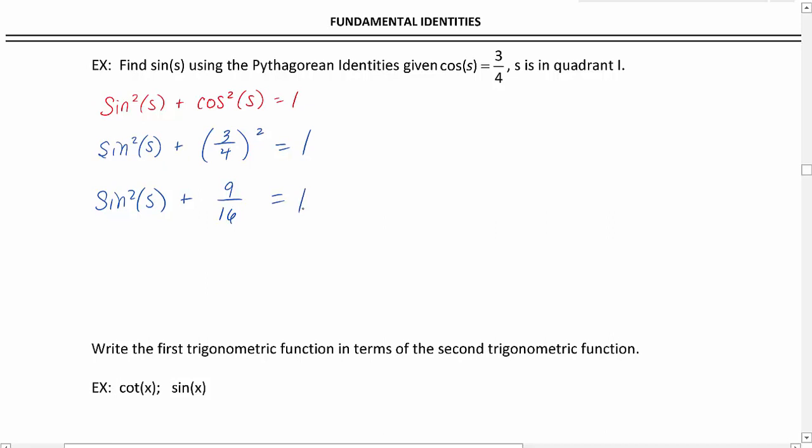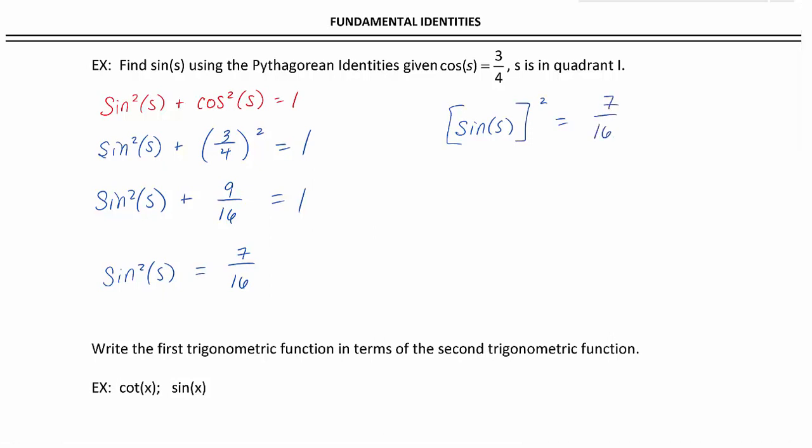Subtracting 9/16 from both sides, we get sine squared s equals 7/16. And as I mentioned with our notation, I'm going to go ahead and change this. This is going to be sine of s squared equals 7/16.